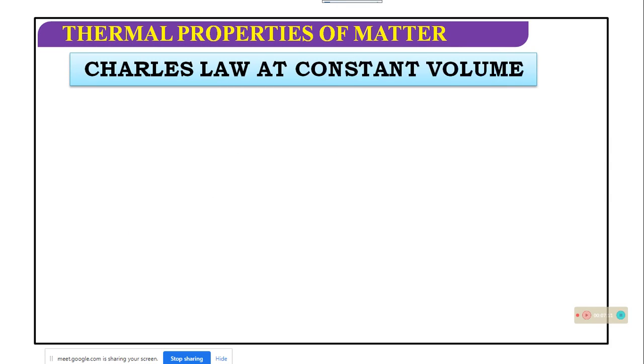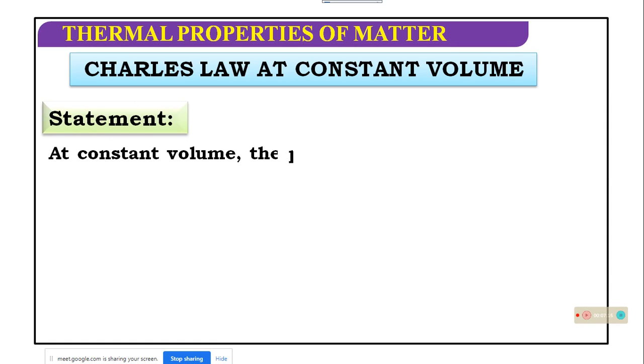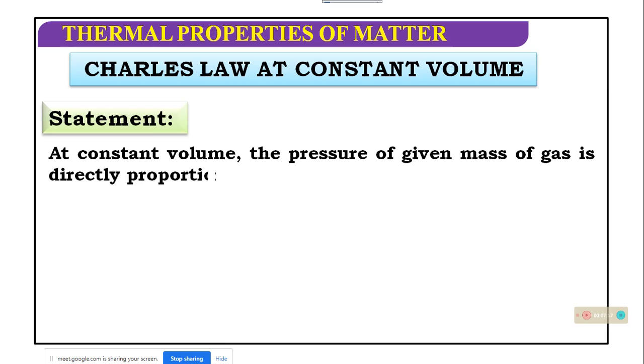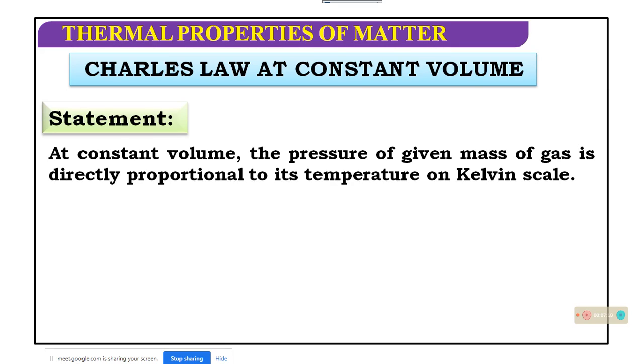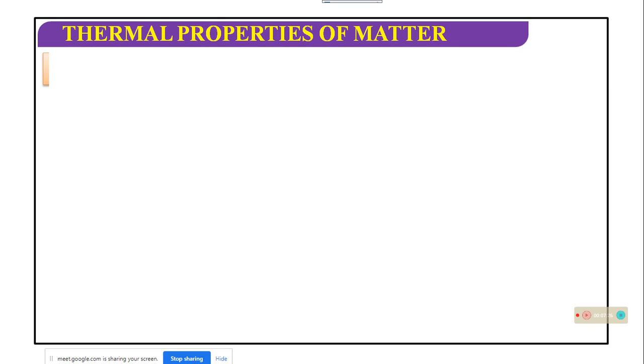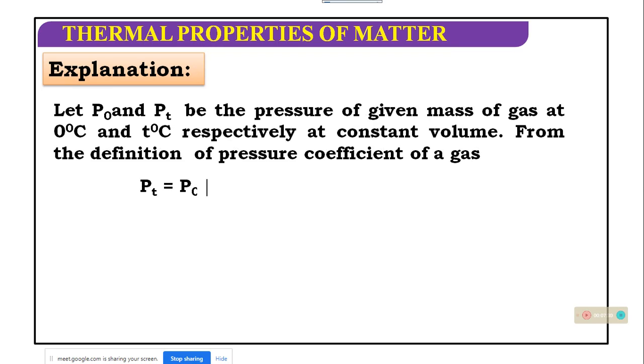Charles law at a constant volume. Statement: at a constant volume, the pressure of a given mass of gas is directly proportional to the temperature. P proportional to T, and P equals KT. If you omit the proportional sign, then we get P equals KT. Let P0 and Pt be the pressures of a given mass of gas at 0 temperature and T temperature respectively at constant volume.